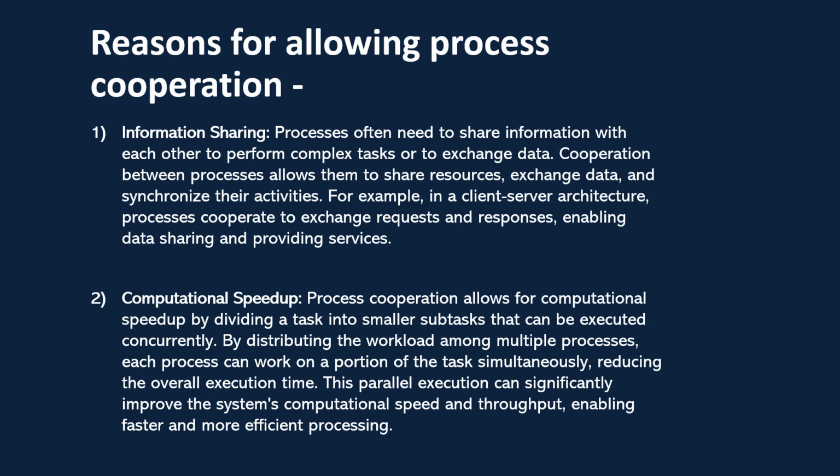The cooperation between these processes allows them to share data, synchronize their activities, and share their resources. Here is an example. Suppose a client in a server architecture: processes cooperate to exchange requests and responses, also enabling data sharing and providing services. In all conditions, there is a need to share data and information. So, information sharing is one of the main reasons for allowing processes to communicate with each other to cooperate.